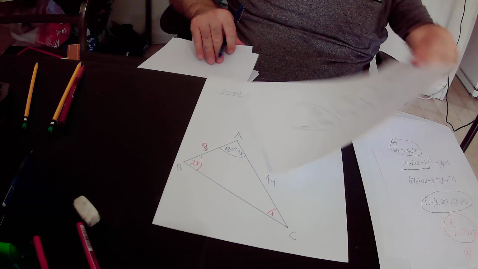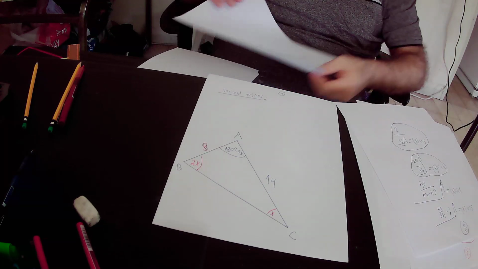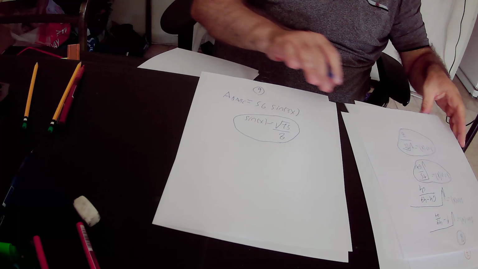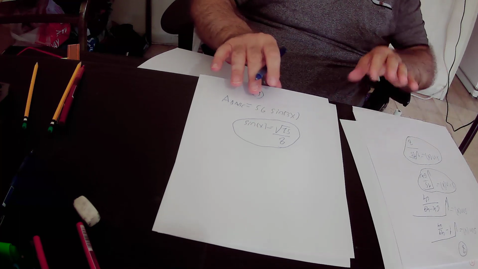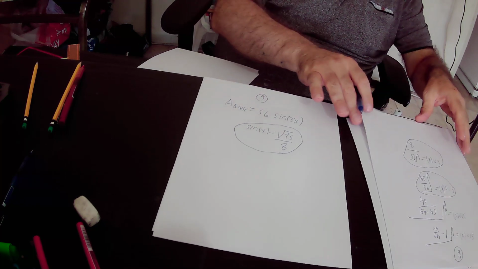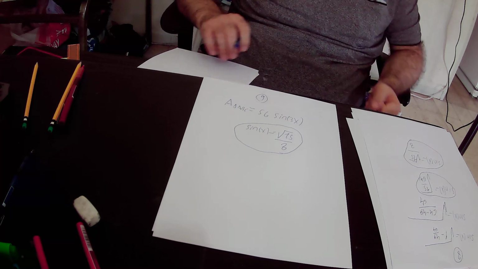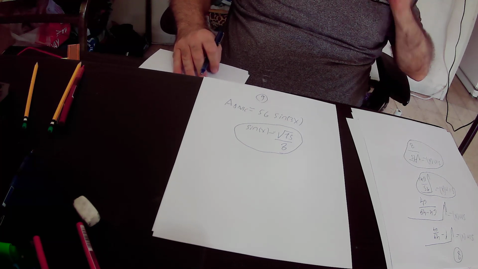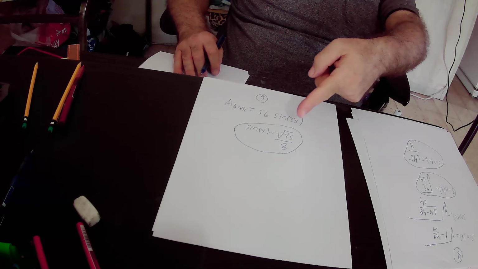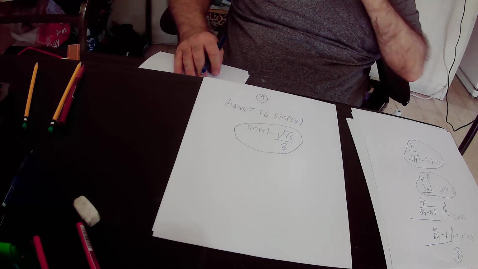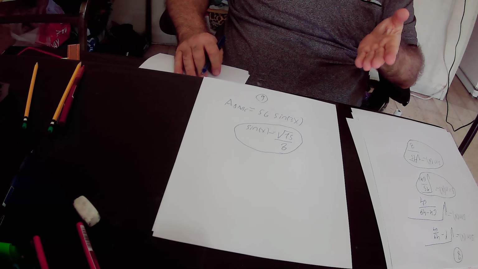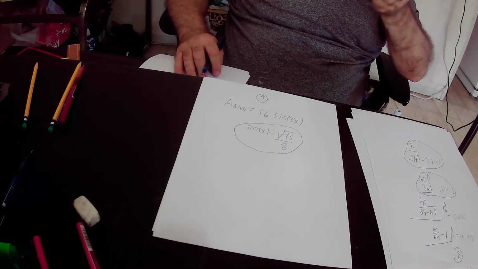Again, we have already found out that the area of triangle ABC equals 56 times sine 3x. And we also found out that sine x equals root 15 over 8. What is the value of sine 3x?